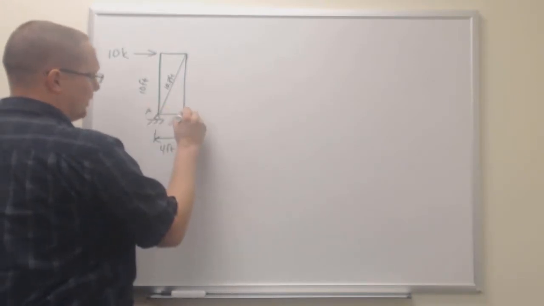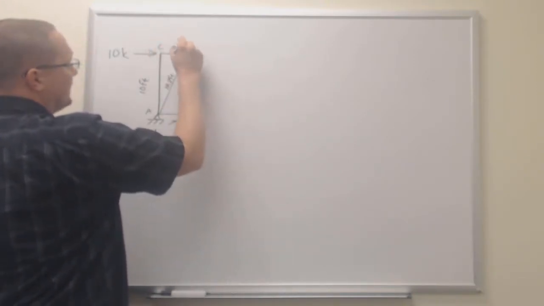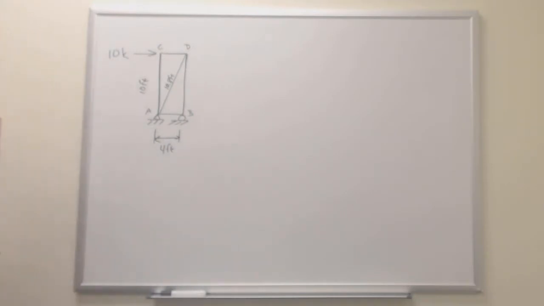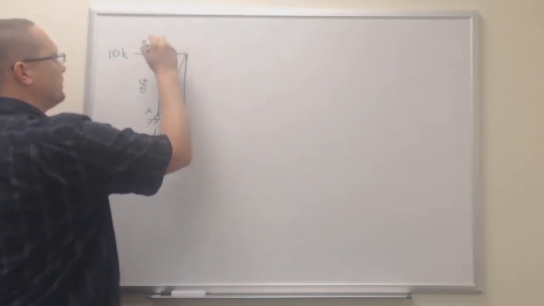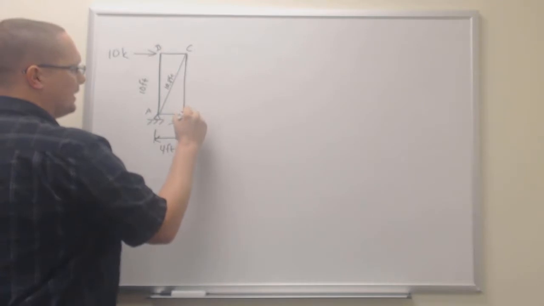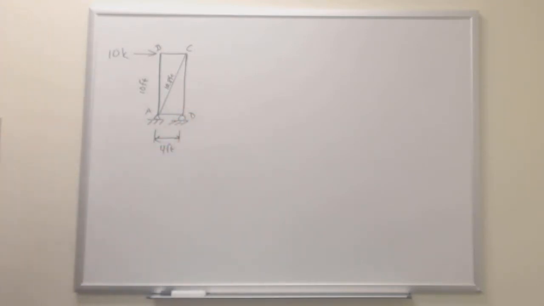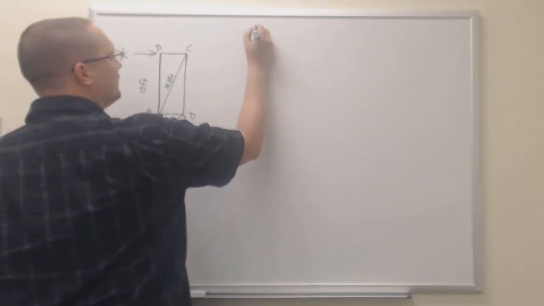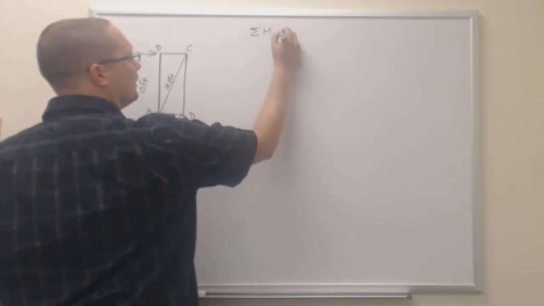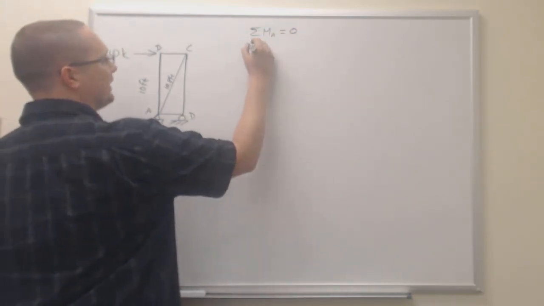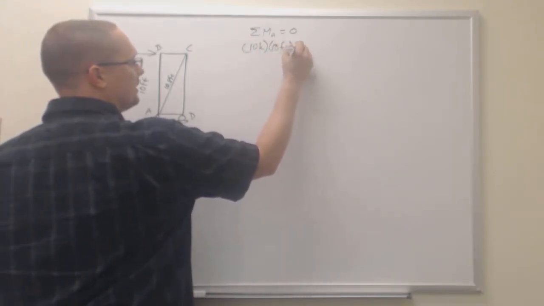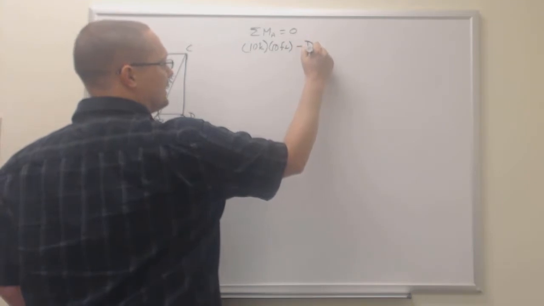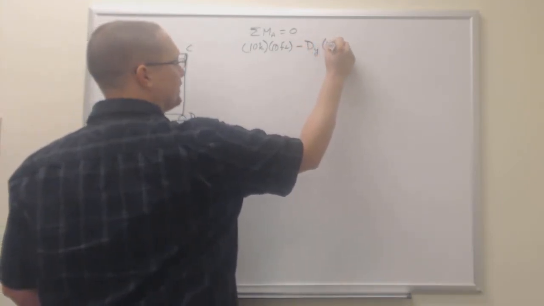So I'm going to label my points here A, B, C, and D. Actually, to keep consistent with the previous problem, let's sum our moments about point A to find our reaction at D. So I have 10,000 pounds times 10 feet minus the reaction at D in the vertical direction times 4 feet.